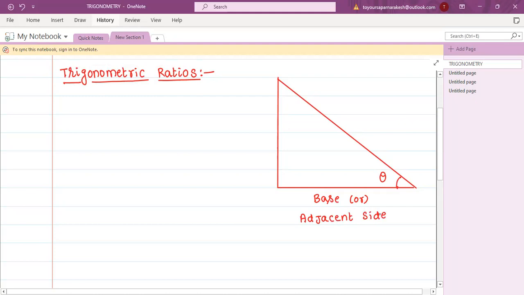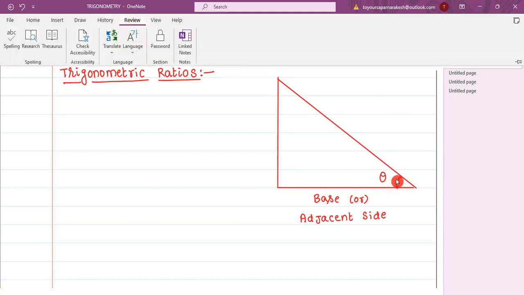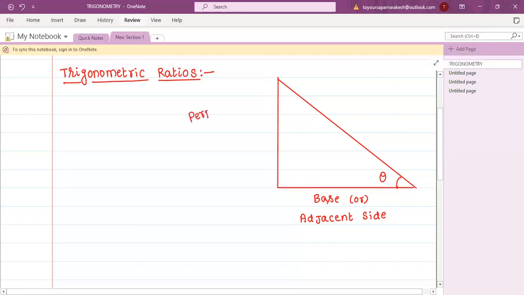Then, with respect to theta, this side is nothing but the perpendicular or opposite side.